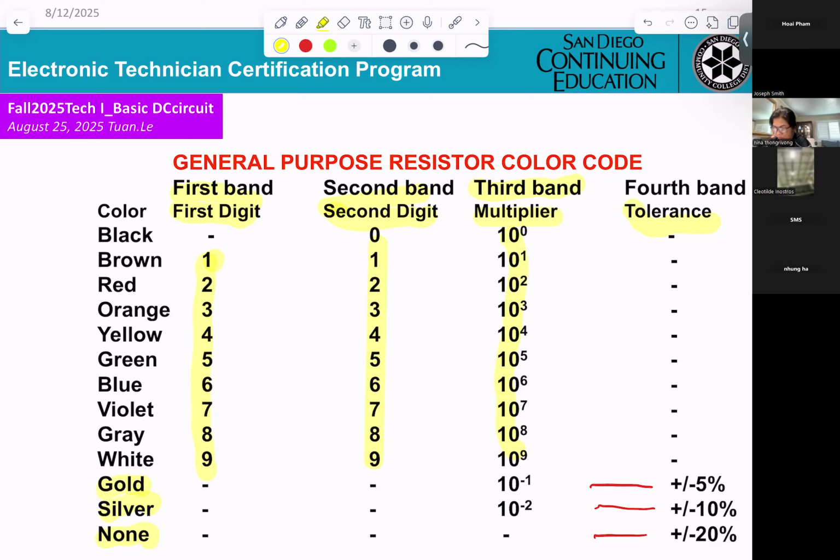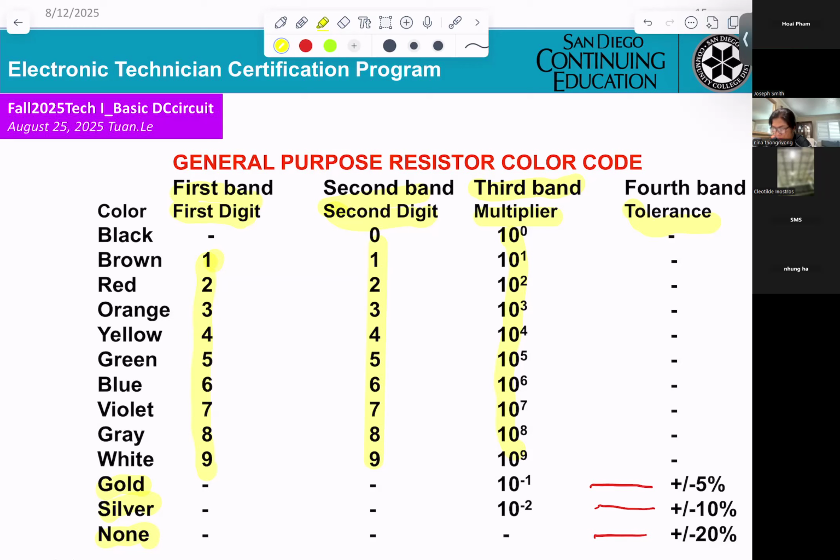The answer will be: you need the DMM. If they say, I want to know the value by the color code, then you can answer. Okay, if I get a table, I can tell you.